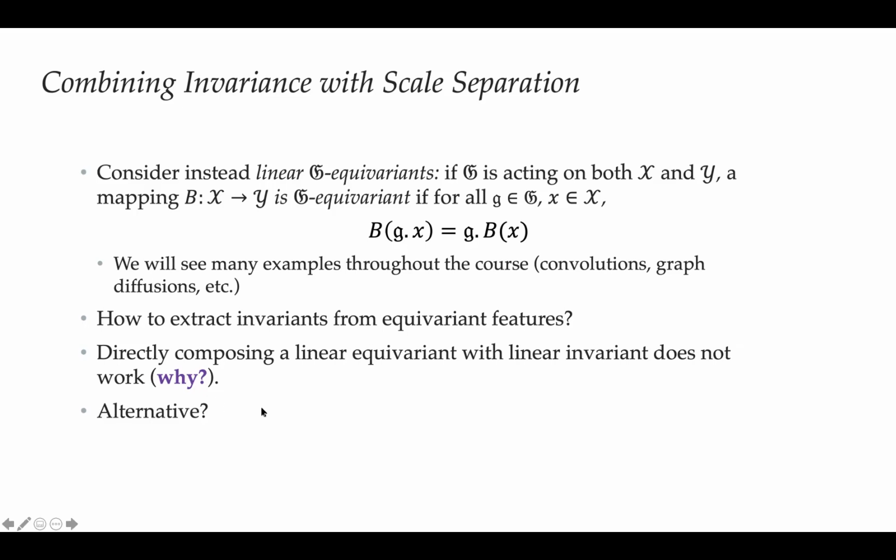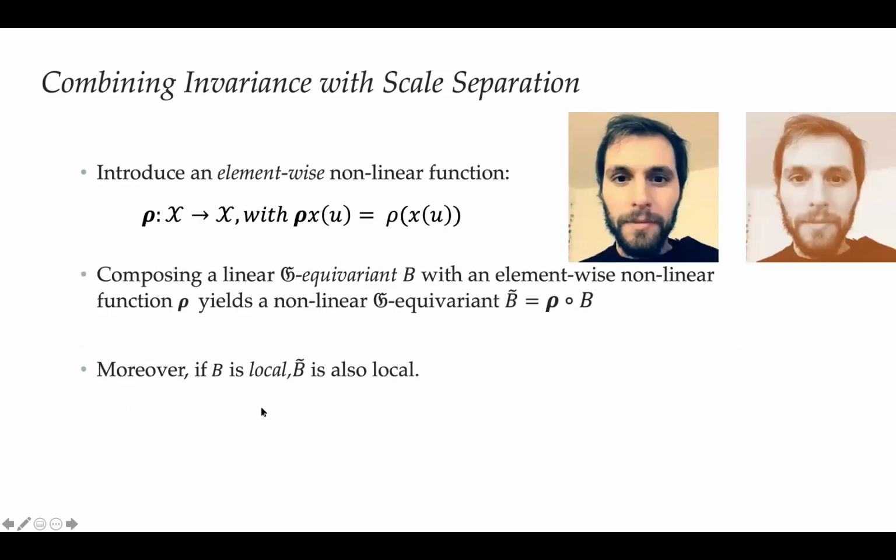So obviously the alternative is to consider a nonlinear operator that acts element-wise. What is a nonlinear operator that acts element-wise? It's a mapping that, let's say, maps images to images, but the mapping from the left picture to the right picture is the same mapping that I apply at every pixel.